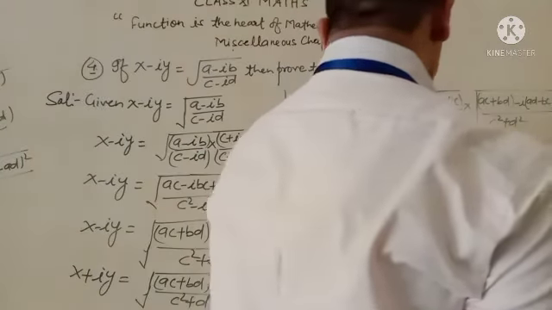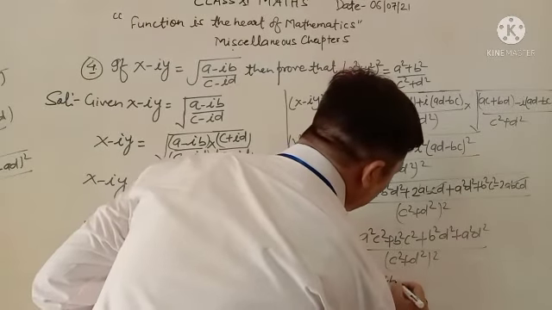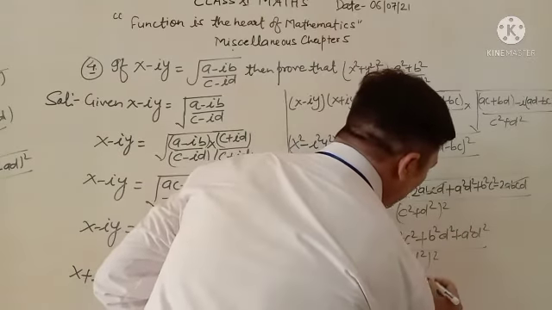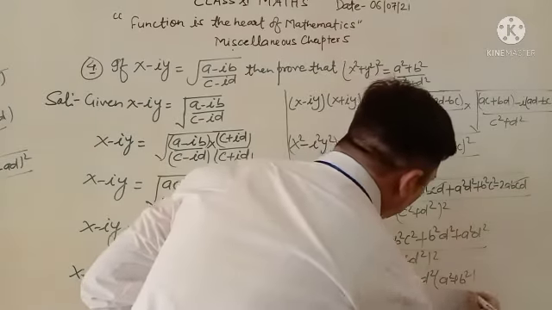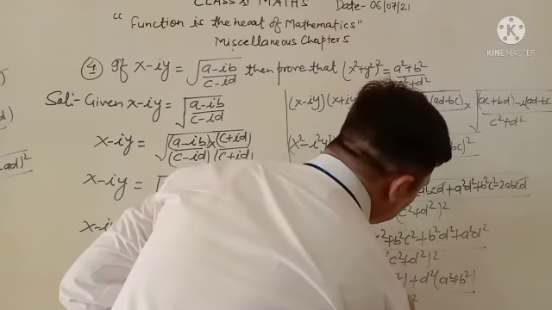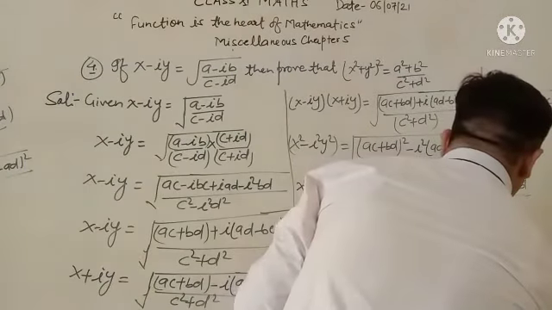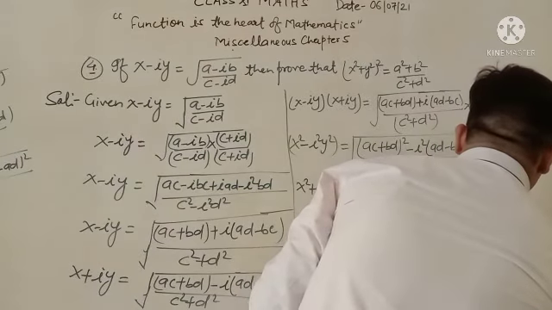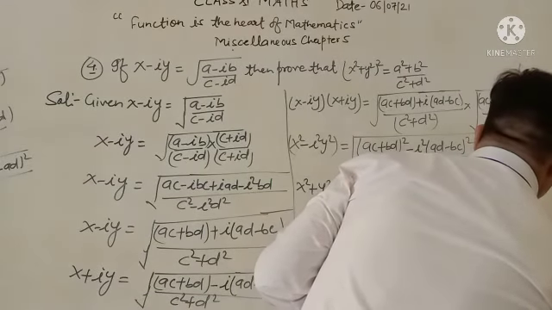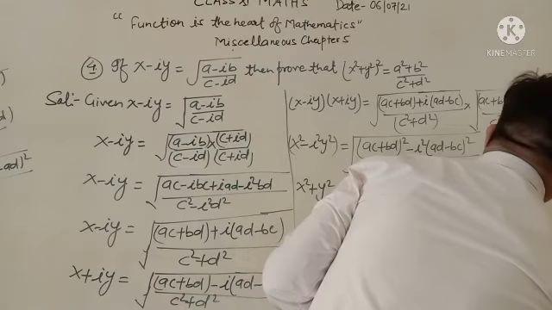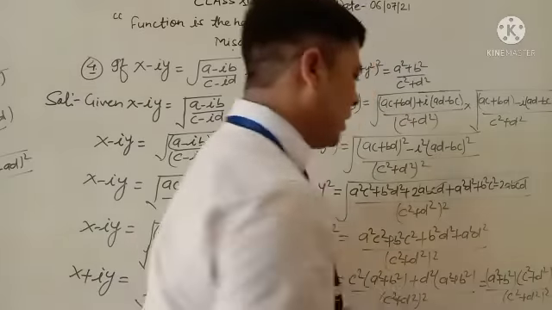Taking c square common, you will get c square (a square plus b square). Taking d square common, this is also (a square plus b square), whole divided by (c square plus d square) whole square. From here, a square plus b square is taken out common from the whole, and this is (c square plus d square) upon (c square plus d square) whole square.